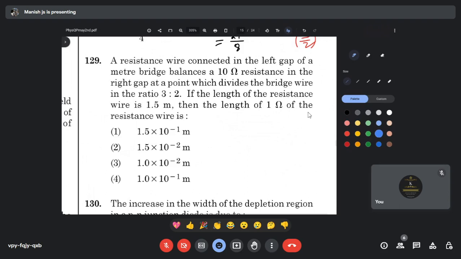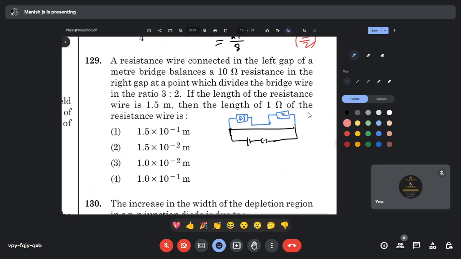Now you know that meter bridge, you have a resistance box where you have known resistance, and then you have an unknown resistance X. All this is there, and then this is connected to a cell with a plug key, and in between you have a wire.